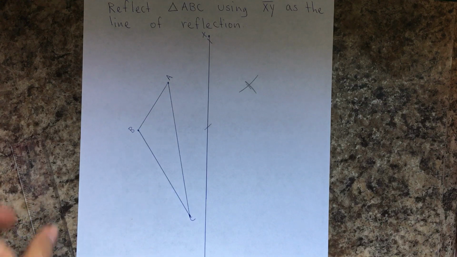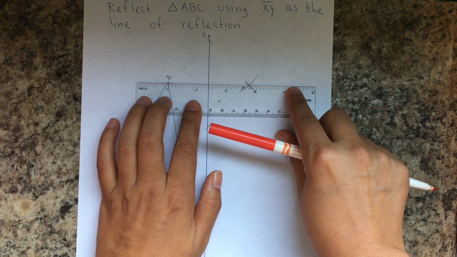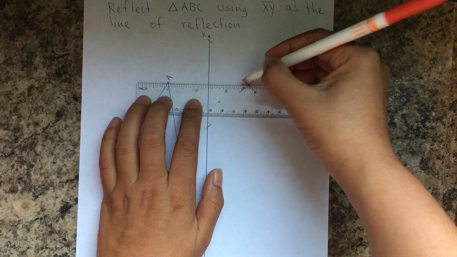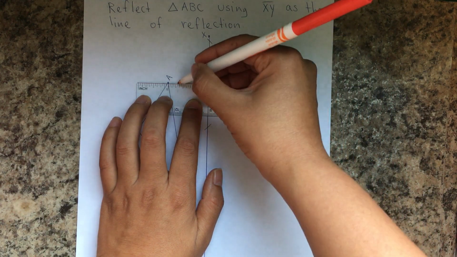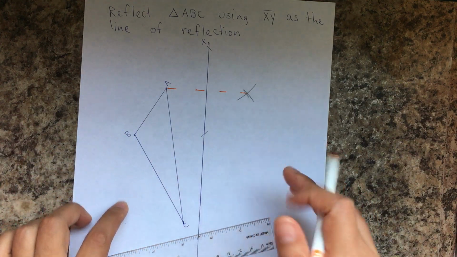And from there you're going to create the perpendicular line in here. I'm just gonna put it dotted because that's not the main point. What we want is to reflect this triangle ABC on the other side.